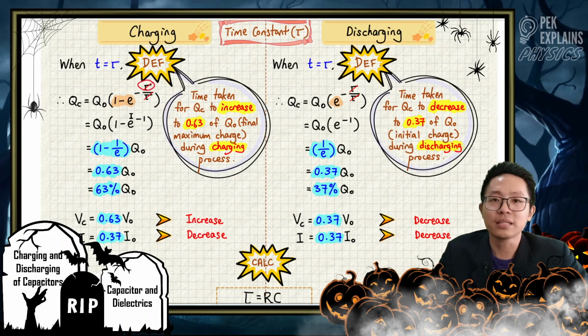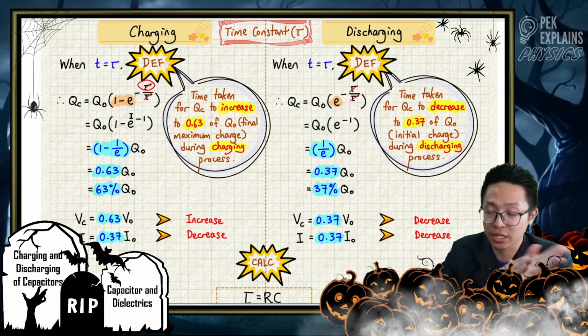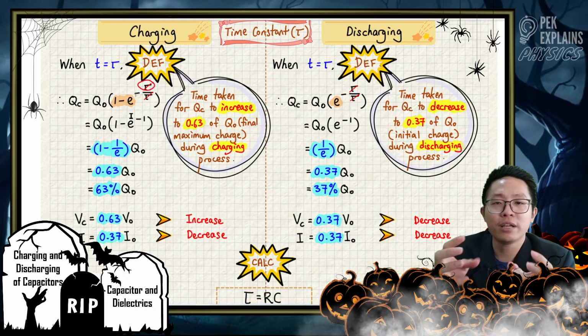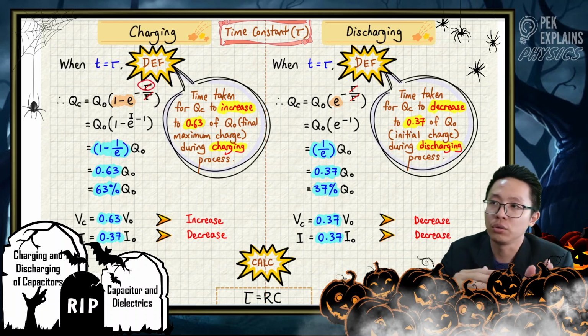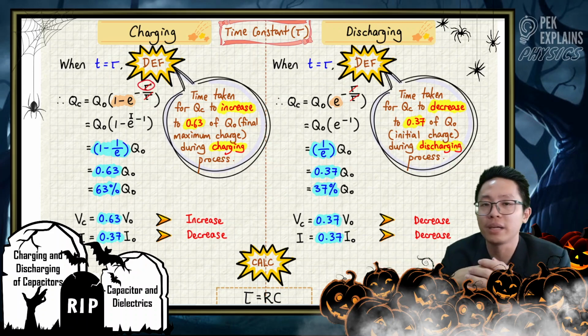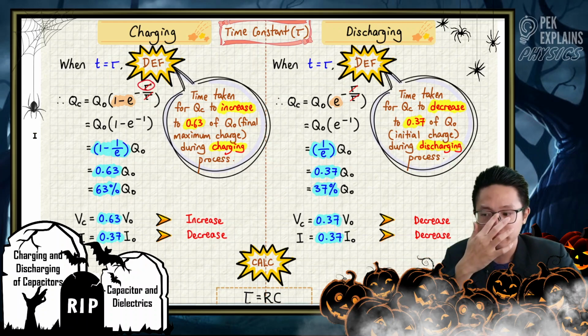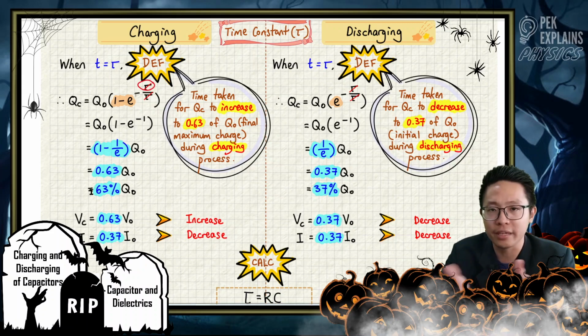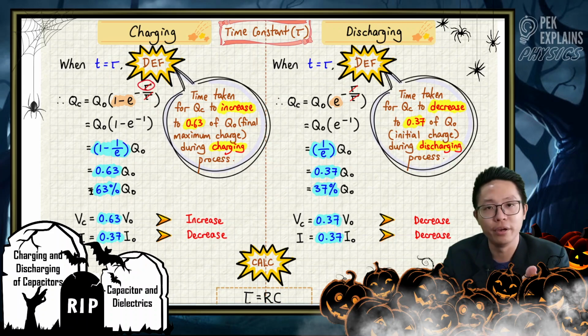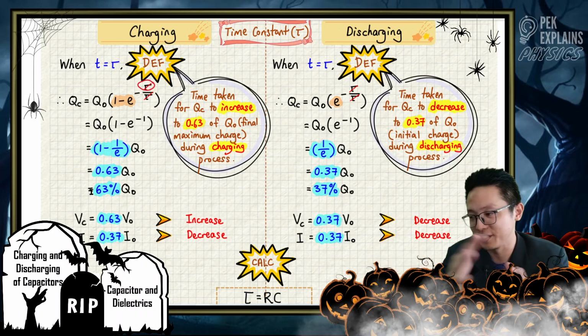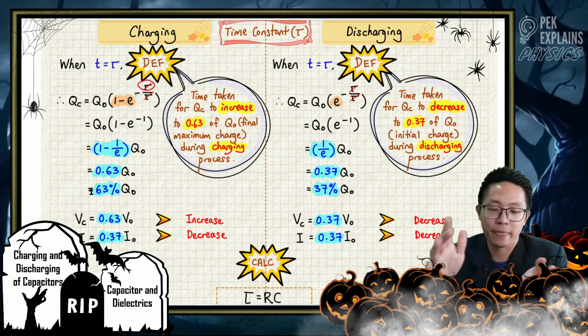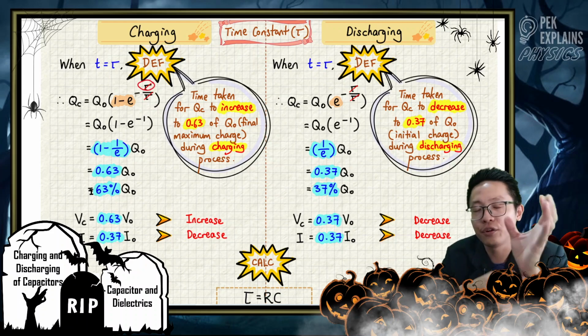It's just like charging your handphone. How much time does it take for your handphone charge to increase to 63% of the maximum storage of your phone? That's the meaning. Maybe your handphone is fast charging, that's very good. How much time does it take when your handphone is empty?